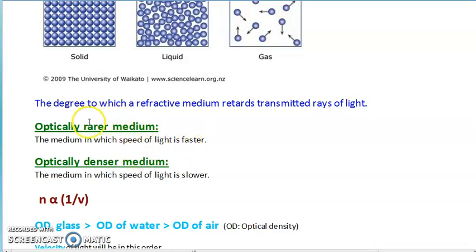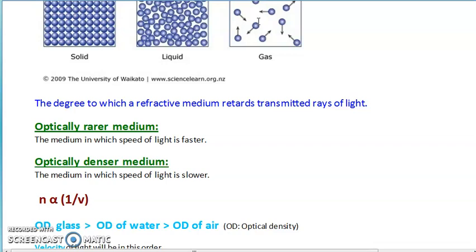As we have discussed, rarer means the speed will be faster. If the speed of light is fast, the molecules may be, it's just an assumption, loosely arranged so that they allow the light to go fast.